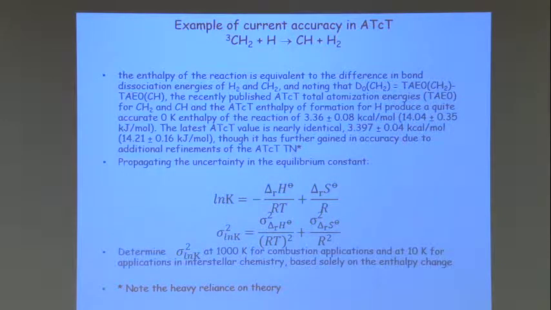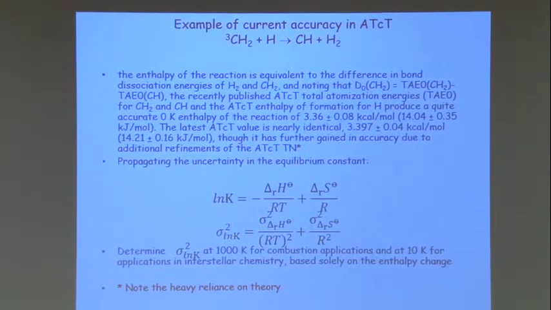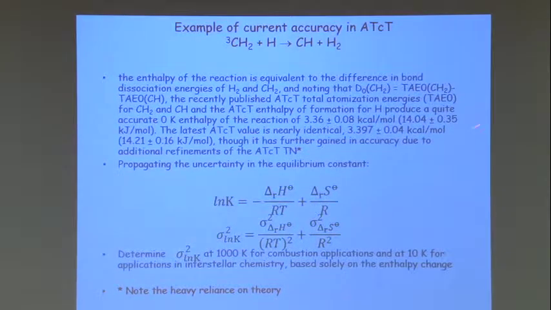But you needed really very accurate determinations of the uncertainty in that determination. And at the bottom, what I've done, so the enthalpy of reaction is known to something like 0.08 kcal per mole or 0.35 kilojoules per mole.